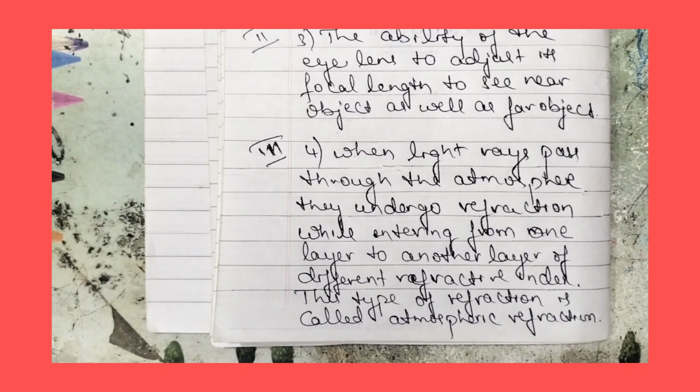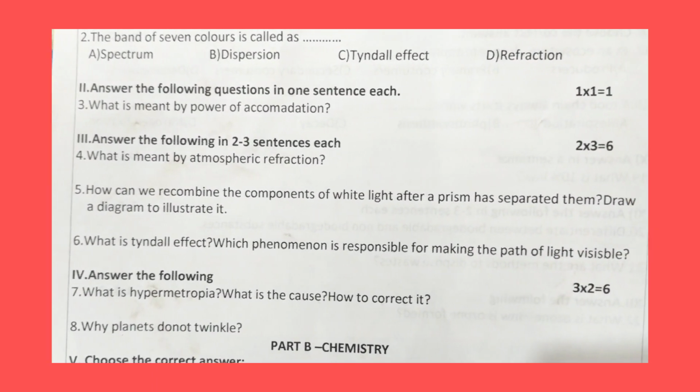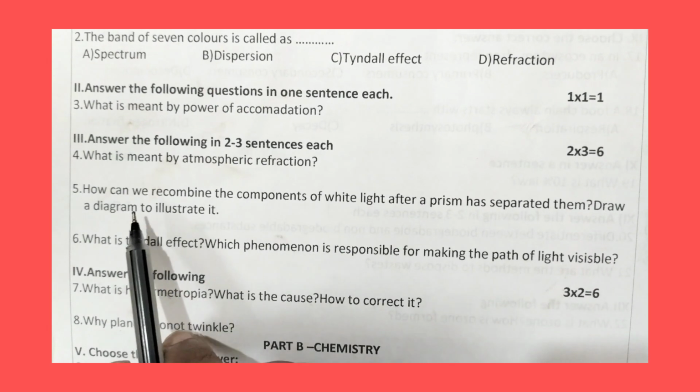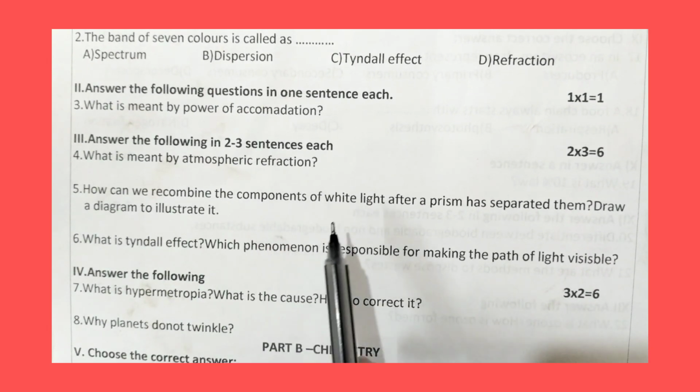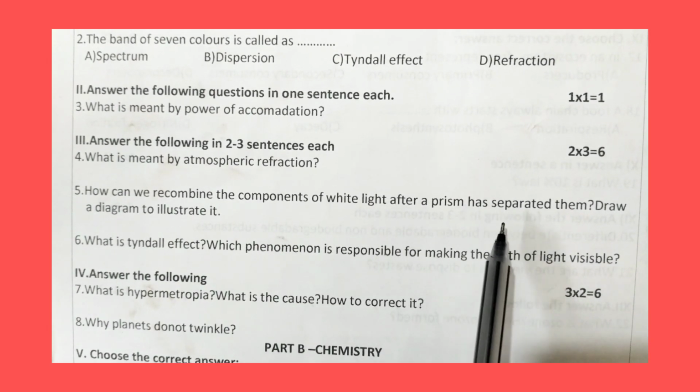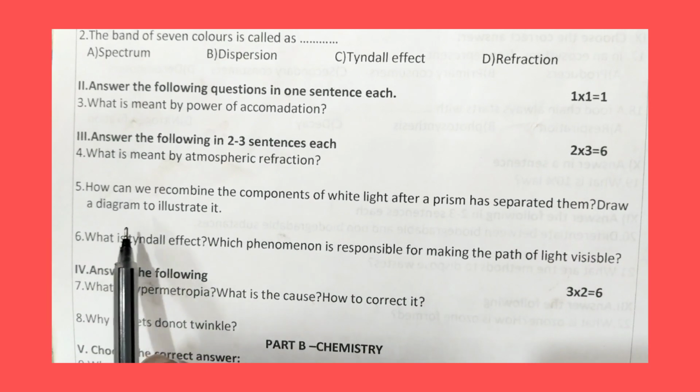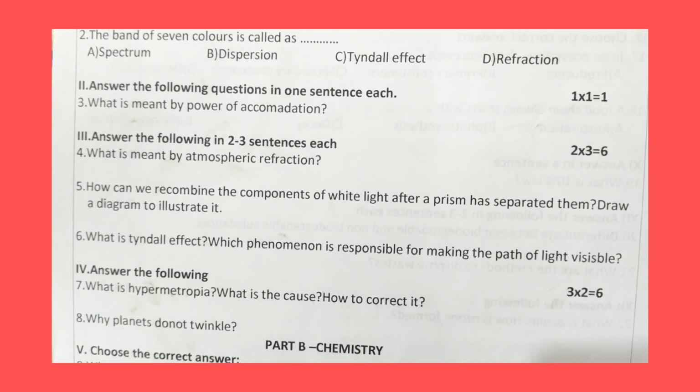Now let us move on to question number five. How can we recombine the components of white light after a prism has separated them? Draw a diagram to illustrate it. Now let us answer question number 5.